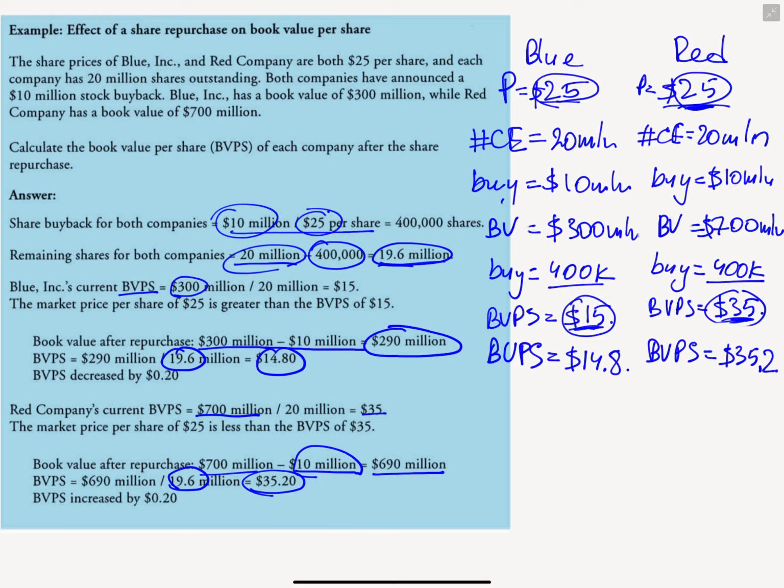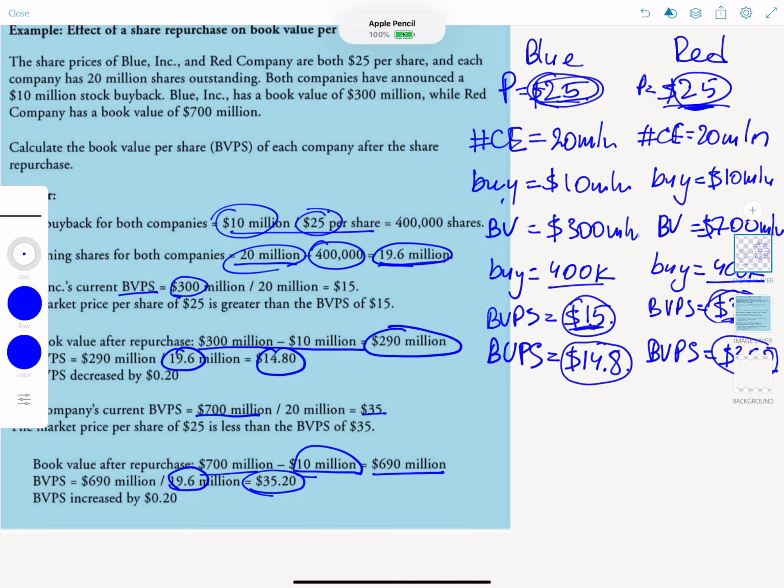So the logic here is that if the market price is higher than the book value, new book value per share will fall. If the market price is less than the book value, new book value per share will increase after share repurchase. That's the main outcome. That's how share repurchase affects the book value per share.